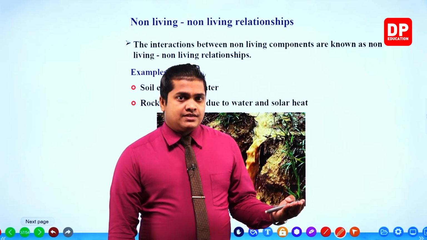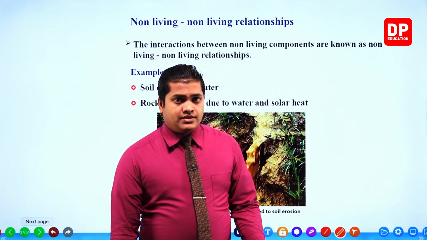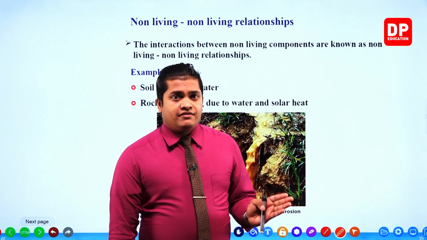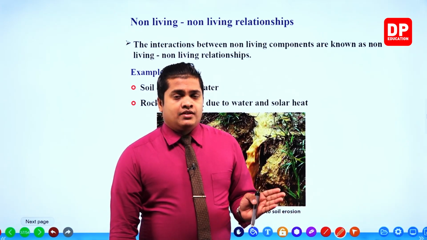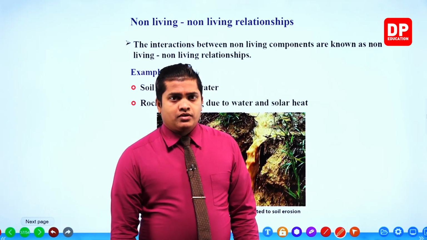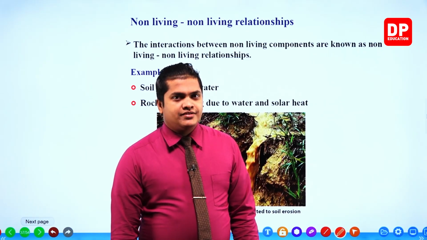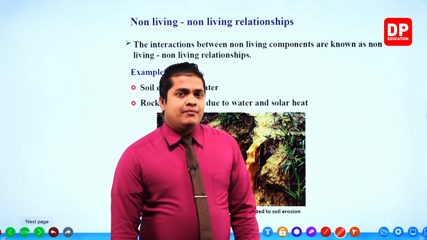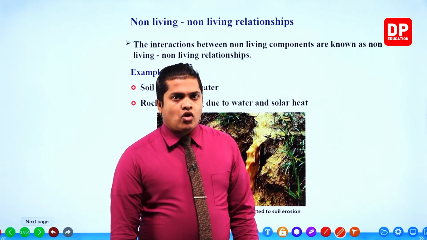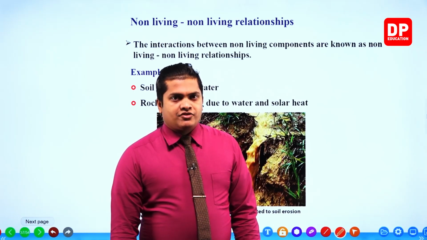Over there we discussed that because of water, sunlight, acid rains and other factors like wind, what will happen? The rocks are going to wither down. Because of the weathering of rocks, the soil is getting created. Can you remember?